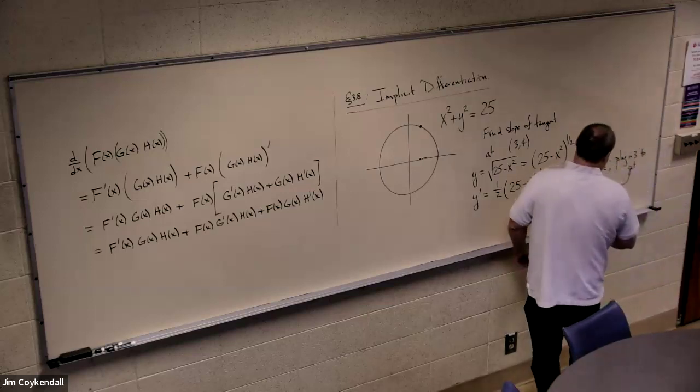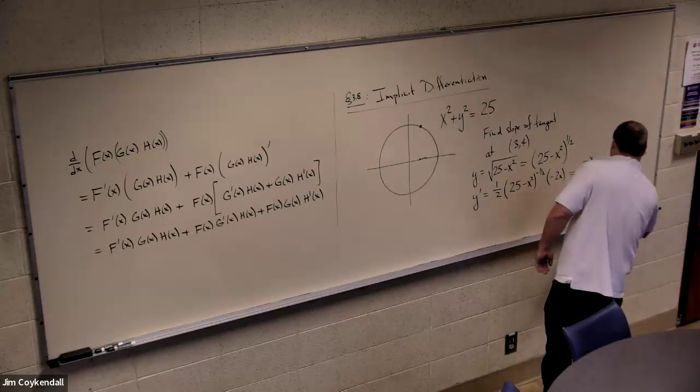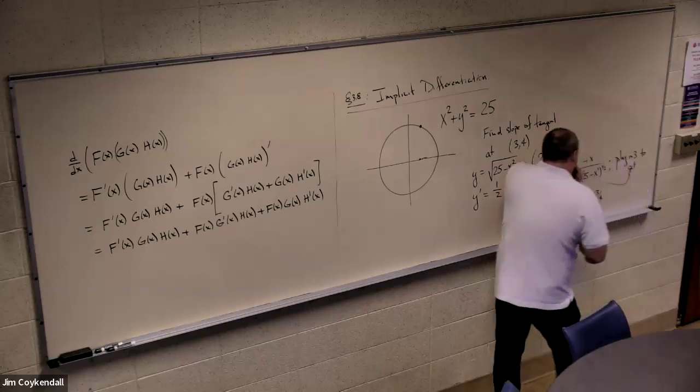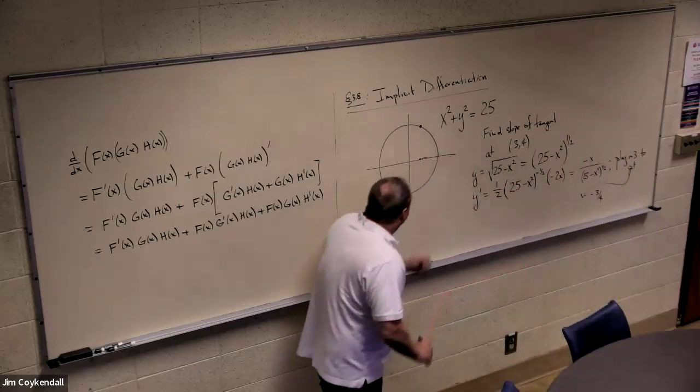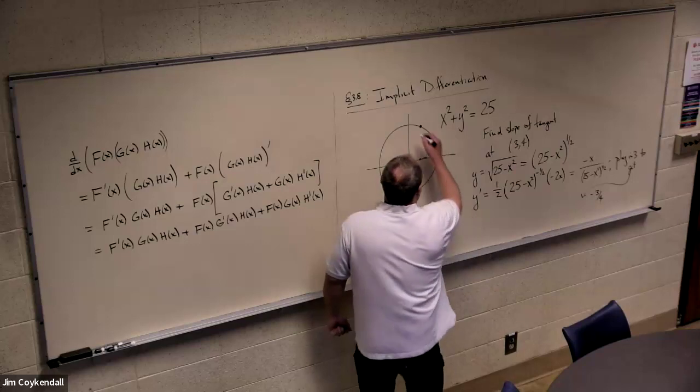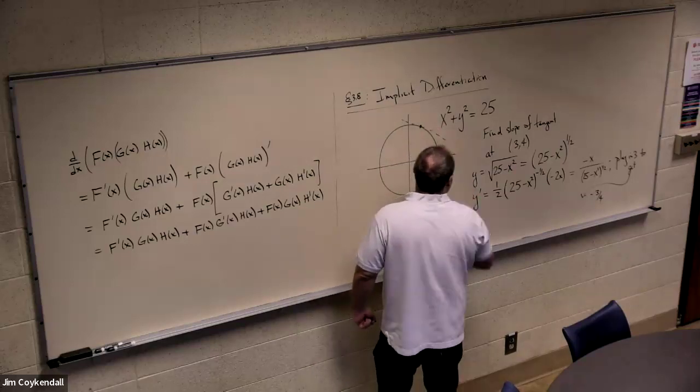If I plug in 3 here, that's going to be minus 3/4. And that sort of makes sense if you look at the picture. Everybody agree that it looks like the slope is negative.